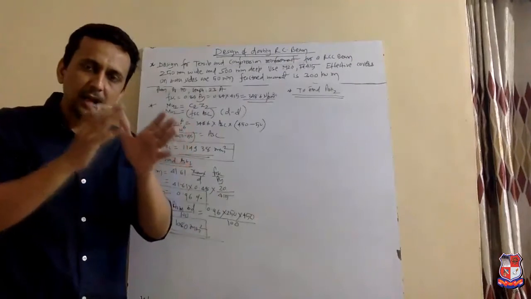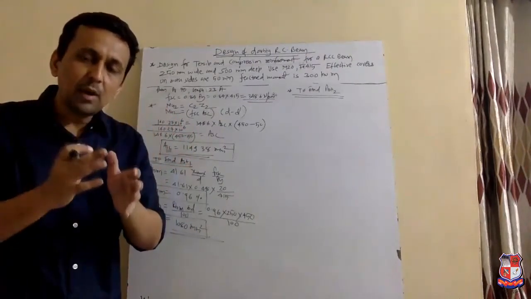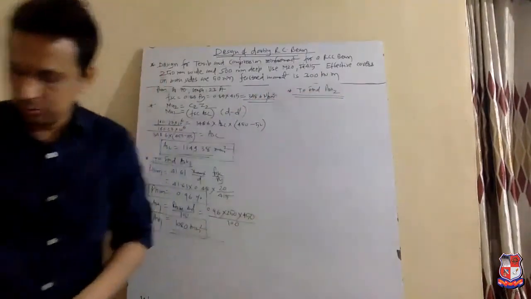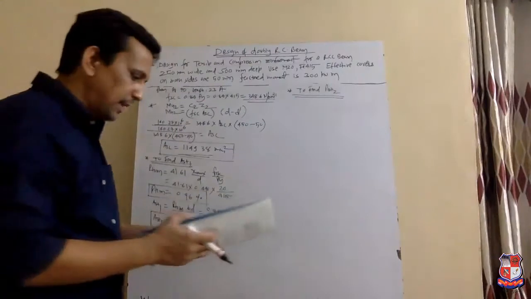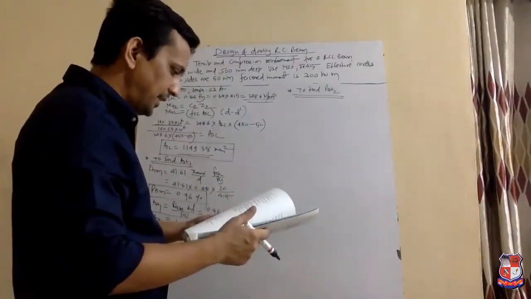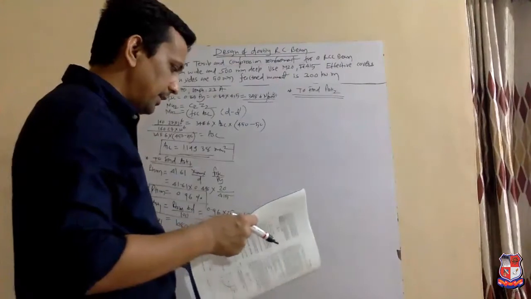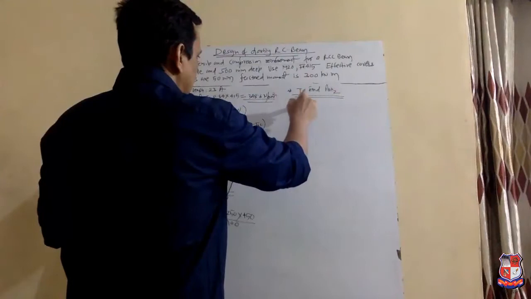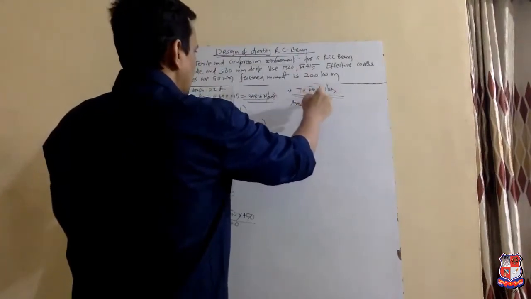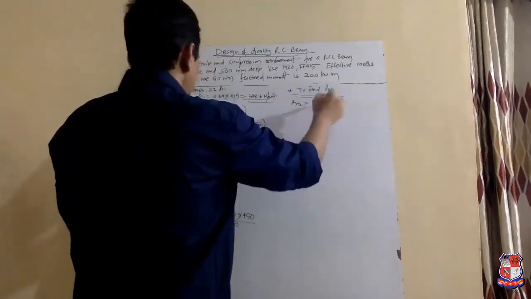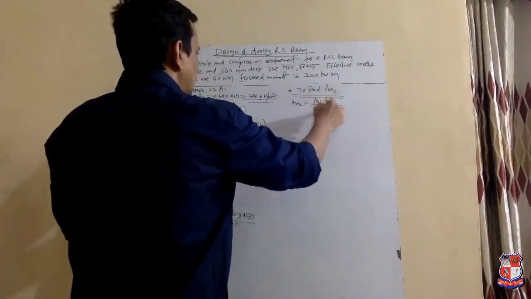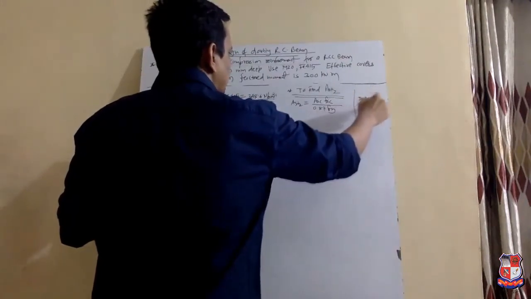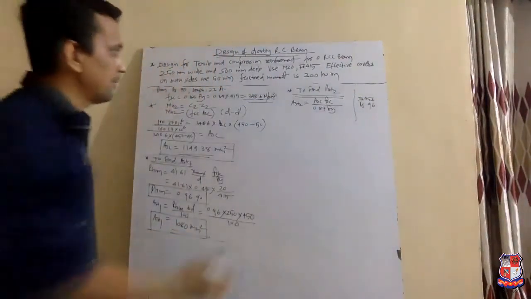For that, how much area of steel is required in tension zone? And for AST2, in IS 456, page number 96, they have already given the equation. So from that, I write AST2 equal to ASC FSC upon 0.87 FY.